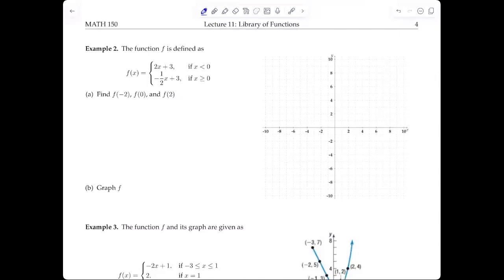All right. Now for f of 0, when x is equal to 0, right here, x is greater than or equal to 0. When x is equal to 0, you have to use this function for the evaluation. So you need to use -1/2 x plus 3 for the second evaluation. And for the third evaluation, f of 2, x is equal to 2, which is greater than 0. Again, you use this function. You're okay with this? All right.